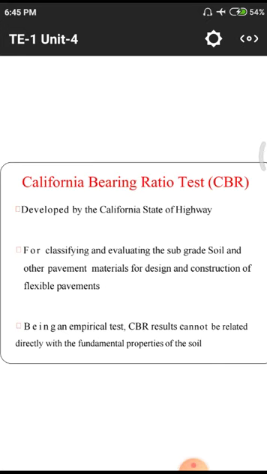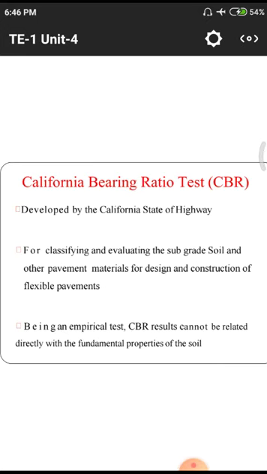Previously we discussed two kinds of pavements we normally use. The first one is flexible pavements. Flexible pavements means simply tar roads. Next we have rigid pavements. Rigid pavements means CC roads, cement concrete roads.